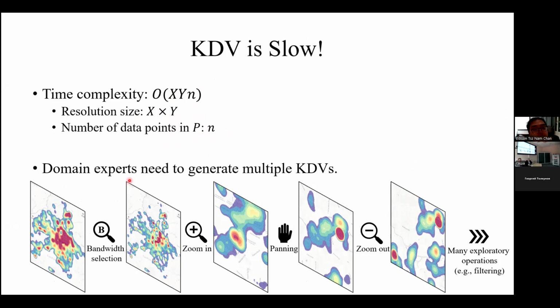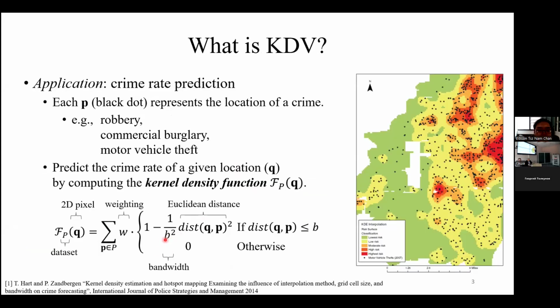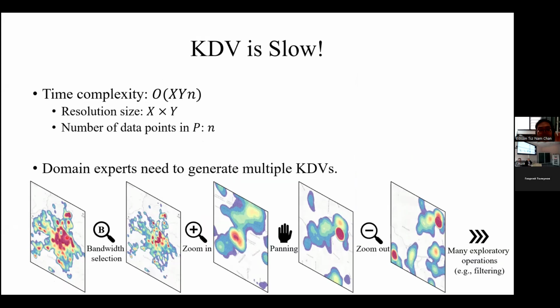Also, domain experts need to generate multiple KDVs, not just one KDV. Maybe they do bandwidth selection, that is, tuning this bandwidth parameter, so you can have different visualizations. You can zoom in to one region, or use some panning operation to see the hotspot in different regions.